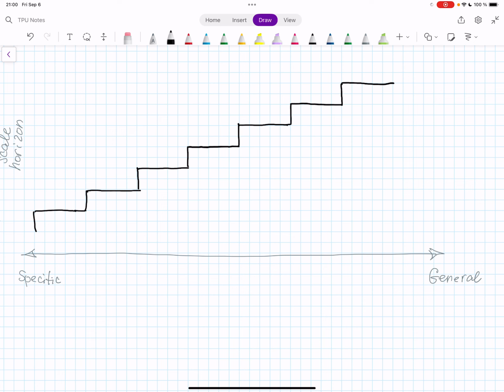Okay, so let's begin with the highest, the most general goals and high on the horizon. And I will use the word here, purpose. Purpose. So this is the most general but high strategic goal.